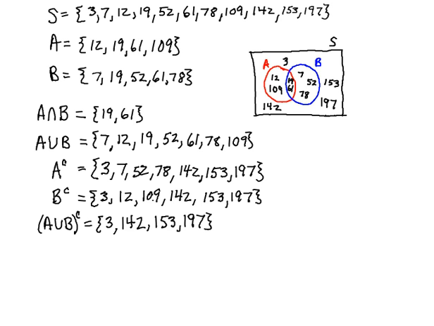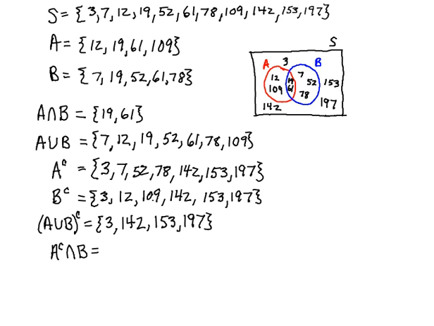Okay, one more here. I've got A complement intersect B. So we're looking at two sets that we're intersecting. The first set is A complement. It's all the elements outside of A. And the second set is B. And what do these two sets have in common? What are elements that are in both these sets?